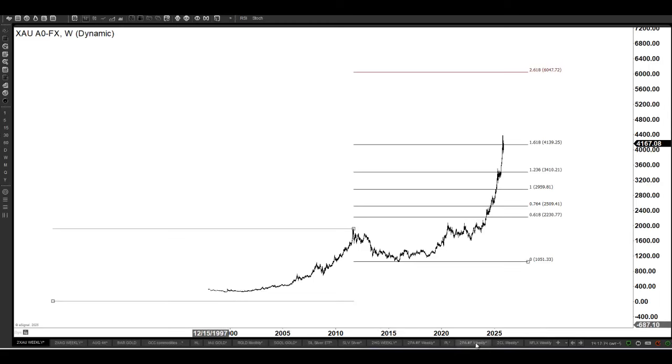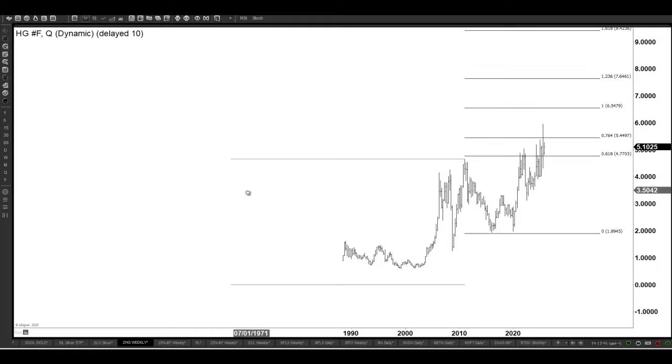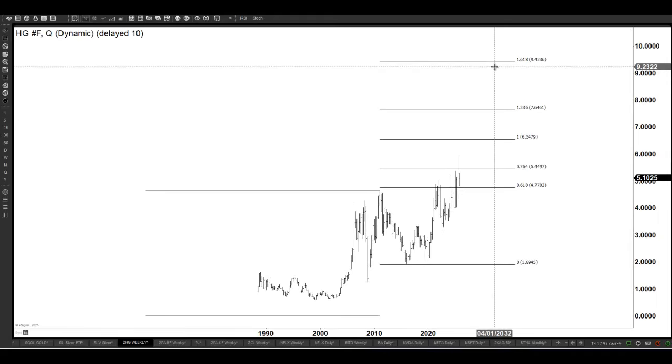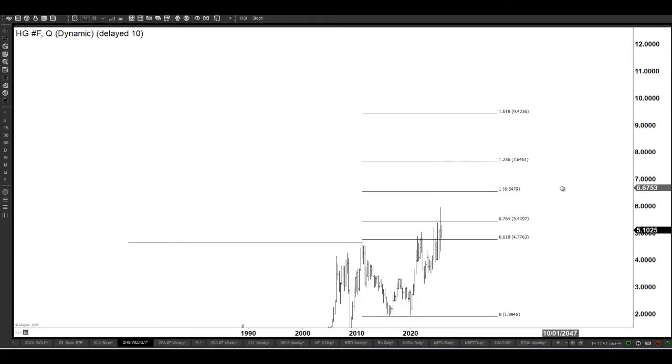Copper, right here, you can see a target around 950, 940, then around 11.